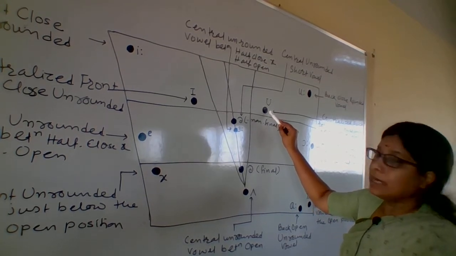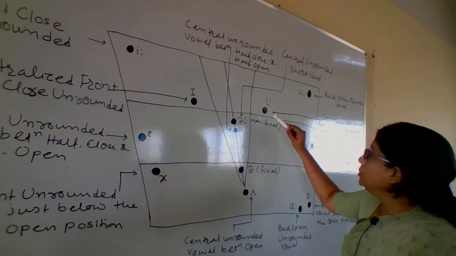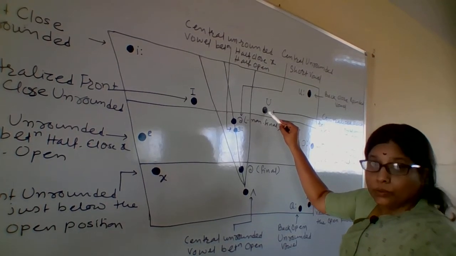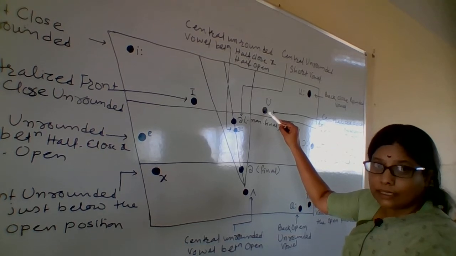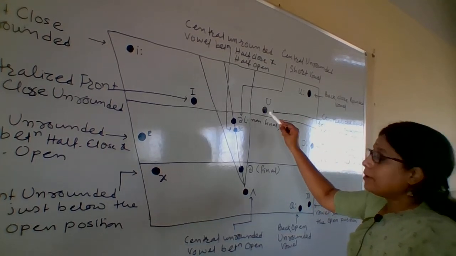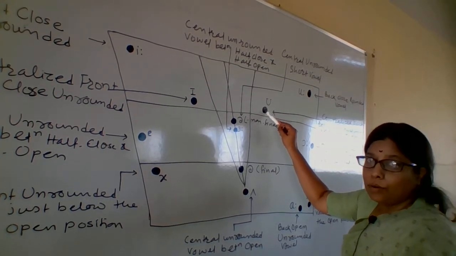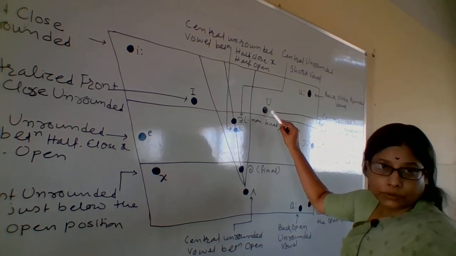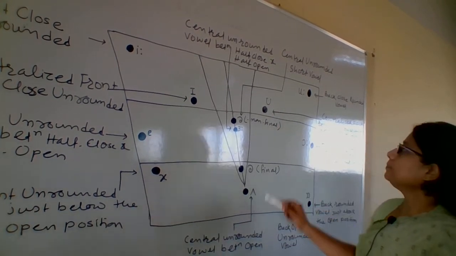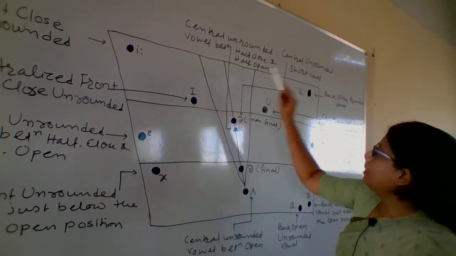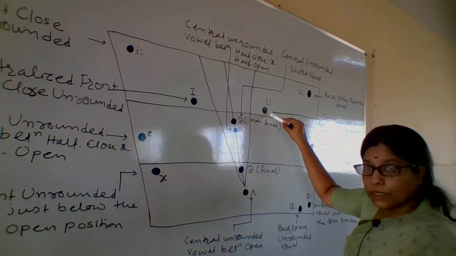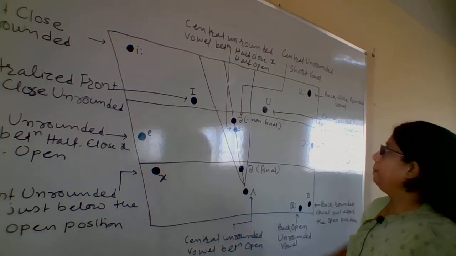It is raised here, it means it is just above the half closed position. So short U, the three-term label, is centralized back rounded vowel just above half close. Okay, short E is centralized front and short U is centralized back.